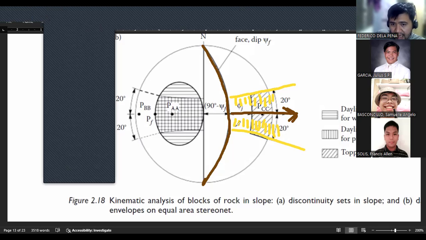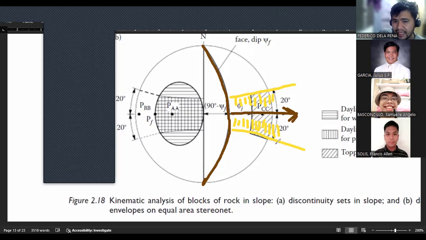So this yellow line is actually the limits for arc plots. Okay. So if you remember earlier, if we want to convert an arc plot into a pole plot, we basically have to do a 180-degree flip and subtract the dip angle from 90 degrees. So in this case, we're only concerned with the azimuth. So this is pretty straightforward.